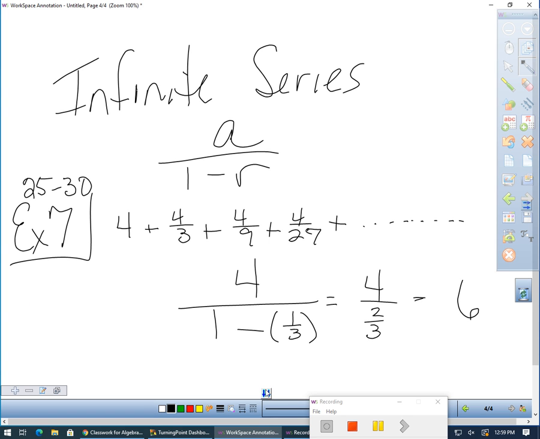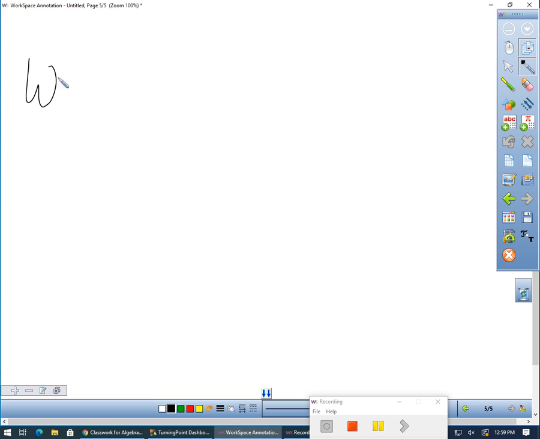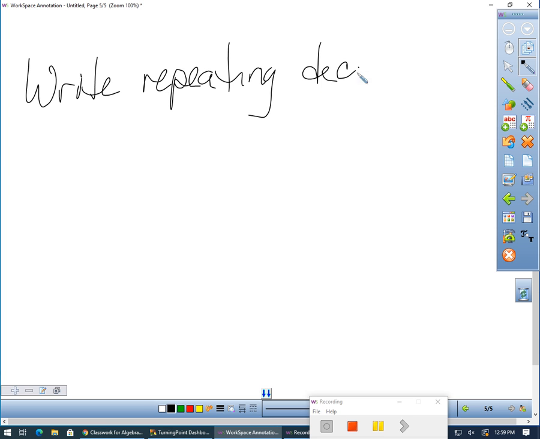Alright, last thing. How to write a repeating decimal as a fraction. A repeating decimal is thought of as a series.